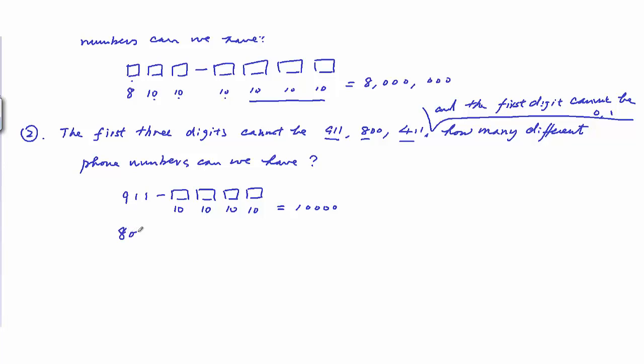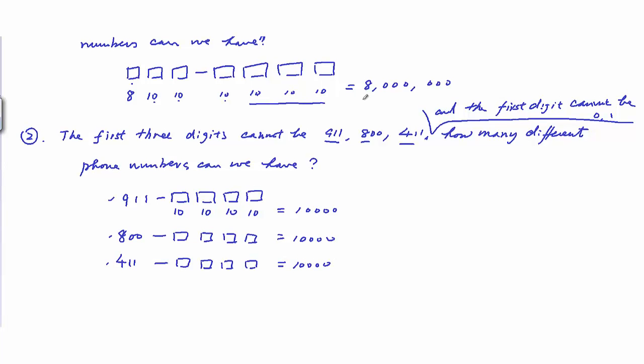Similarly, for 800, you need to exclude another 10,000. And for 411, you need to exclude another 10,000. We know there are 8 million phone numbers. Now we need to exclude 30,000. So we take 8 million minus 30,000, which becomes 7,970,000 phone numbers. And that's the answer to this question.